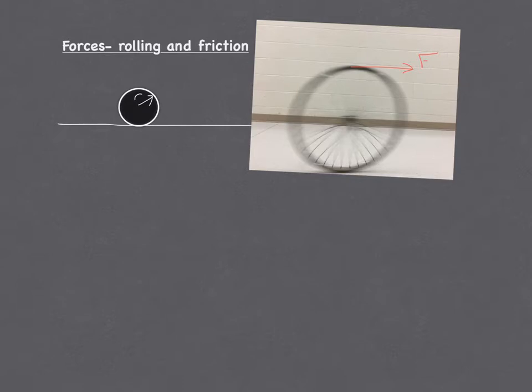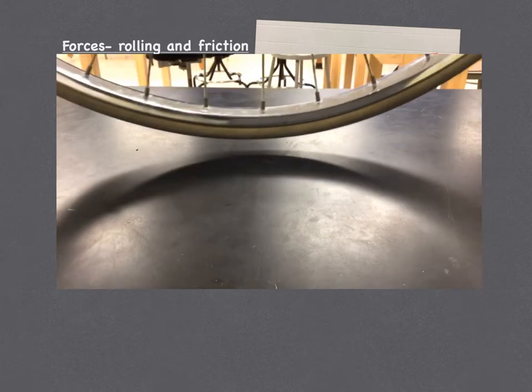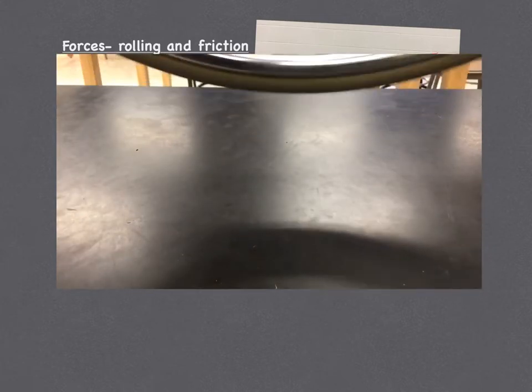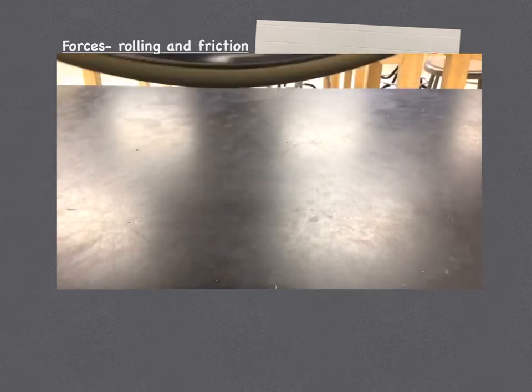And if we were to do that and keep it above the ground and speed it up, and then you would lower it down and touch the surface. All right, so if we accelerate the wheel and then lower it down on the surface, think about what direction the friction is acting in that situation.